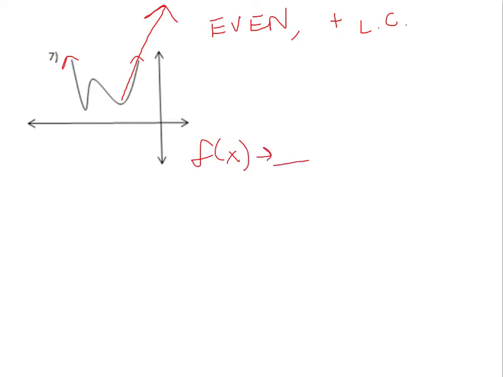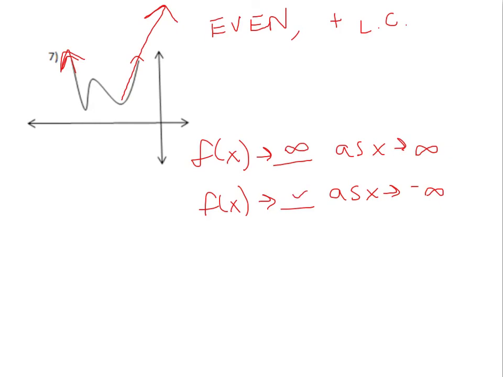End behavior, these are both going up, so regardless if we're on the right-hand side of the graph, as x approaches infinity, or on the left-hand side of the graph, as x approaches negative infinity, since these are both going up, we'd fill them both in with positive infinity. And then the number of real zeros, looking here on the x-axis, this graph never actually crosses it, so we have no real zeros. Alright, so that's how we're going to be analyzing our graphs.